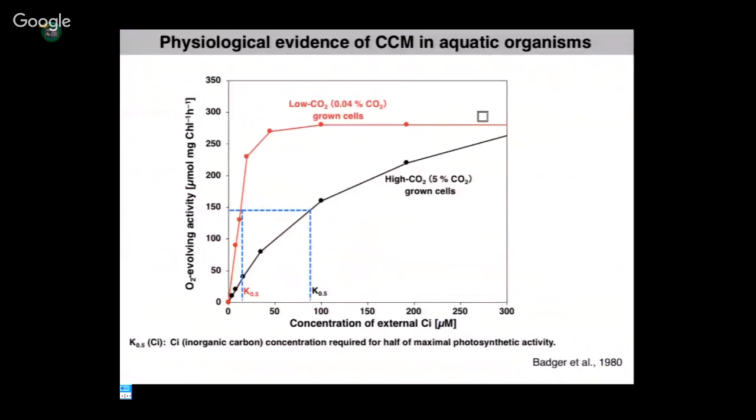But in this case, the high CO2 grown cell, we call high CO2 grown cell the cells grown under sufficient CO2 bubbling, 5% CO2 supplied. They perform this kind of physiological response against the concentration of the supplied inorganic carbon.